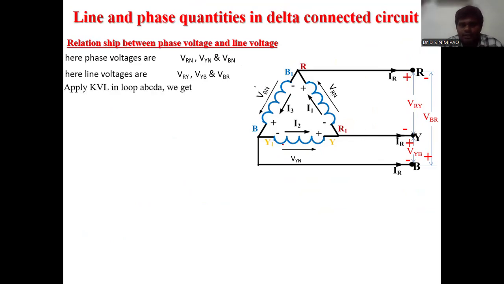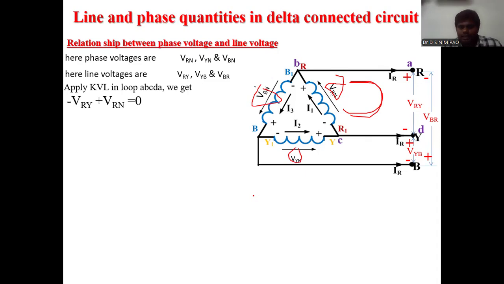As we have defined, VRN, VYN, VBN are the phase voltages. Now apply KVL in this mesh, that means between the R and Y lines.